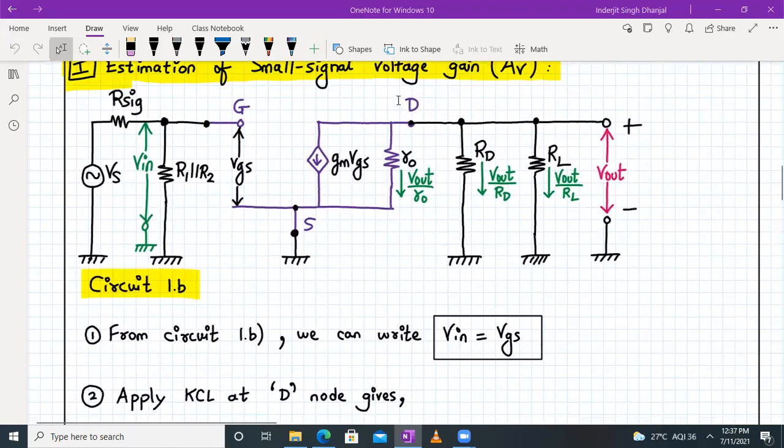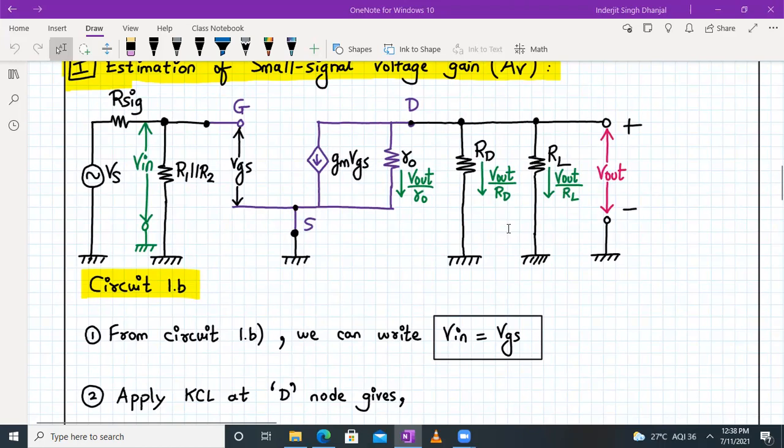Next, we apply the KCL at the drain node. So what is KCL? Sum of incoming currents is equal to sum of outgoing currents. At the node D, the drain node, we see there are a total of 4 currents which are outgoing. Which are the 4 currents? V out upon RL plus V out upon RD plus V out upon RO plus GM into VGS is equal to 0.